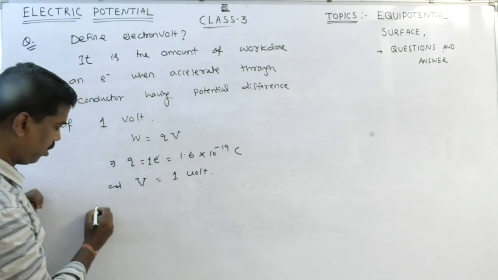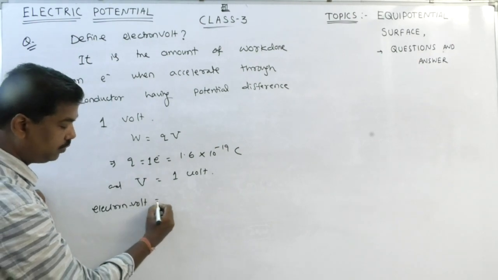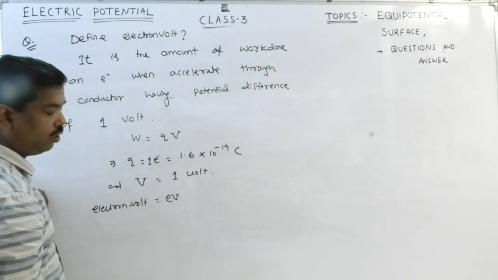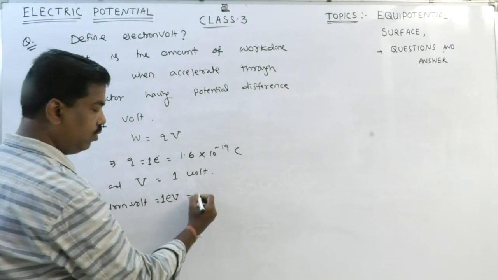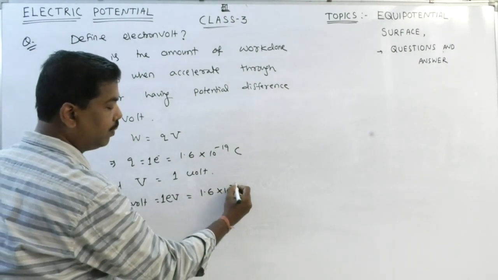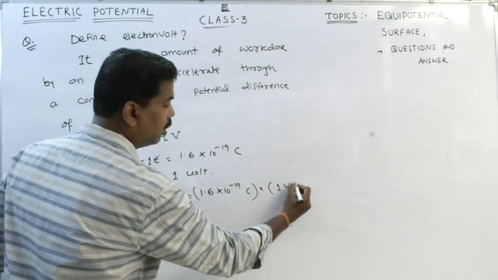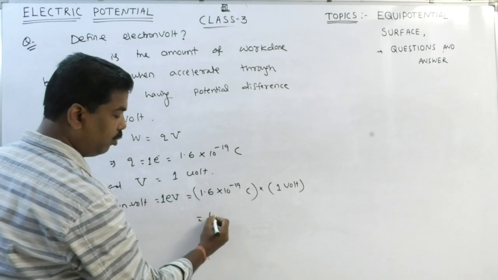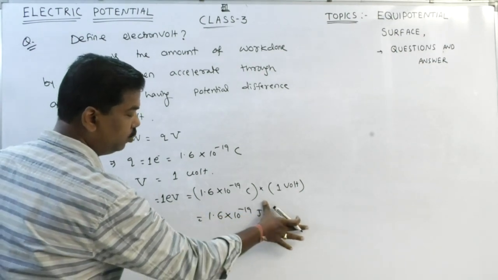Then 1 electron volt is equal to 1.6 into 10 to the power minus 19 coulomb into 1 volt, which is found to be 1.6 into 10 to the power minus 19 joule.